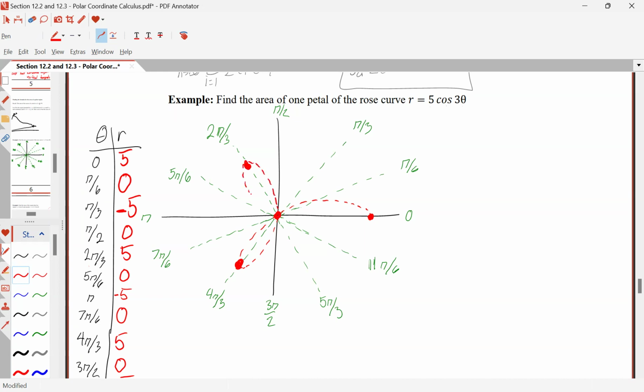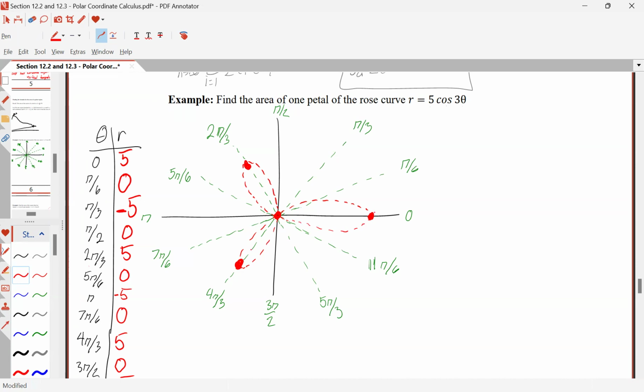And then back to 0 for an angle of 5 pi over 6. Then at pi, we have a radius of negative 5, which is the same as having an angle of 0. And we come back around.